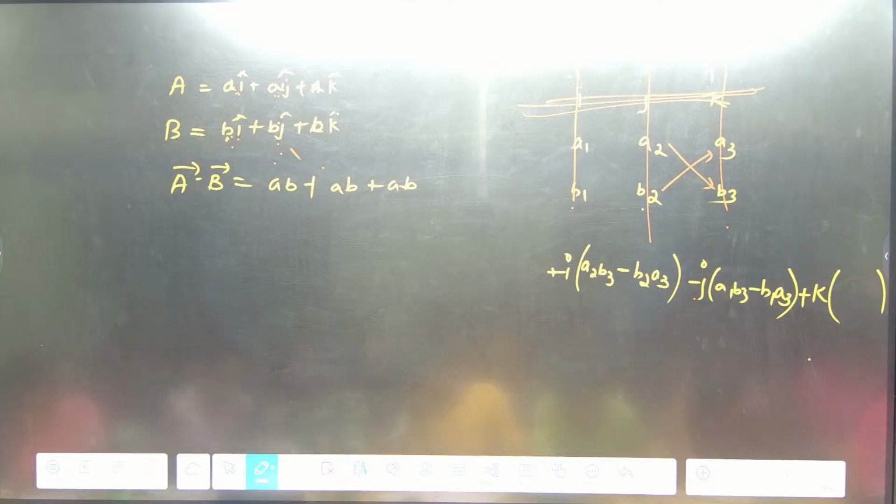The second vector is 2i cap plus xj cap plus k cap, where x is a variable. Both are such that the angle between them is 90 degrees. Then what is the value of x?